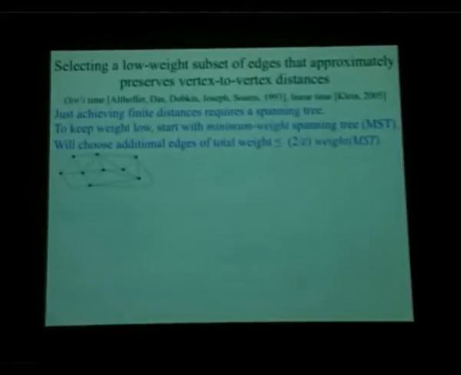That's enough just to achieve connectivity, just to achieve finite distance between any pair of vertices. And then we want to add some more edges. We don't want to add edges of too much weight. We want the total weight to be not too much more than the minimum spanning tree length. In particular, we could achieve 2 over epsilon times the weight of the minimum spanning tree. So that much additional weight will suffice to achieve a 1 plus epsilon approximation in tour length.